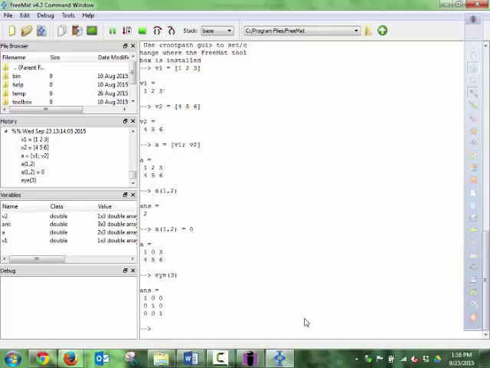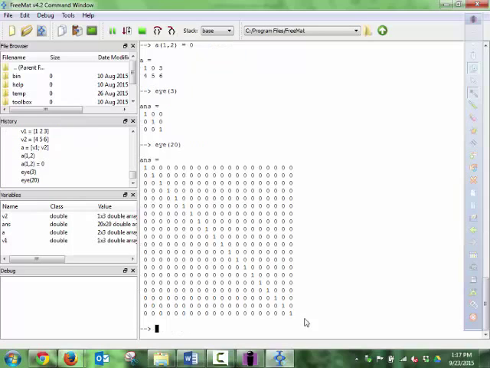What's cool about this is that without having to type in the rows and the columns, I can quickly do a 20 by 20 identity matrix, with zeros everywhere except the diagonal. Okay.